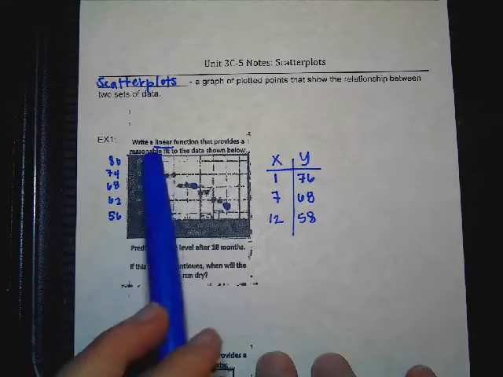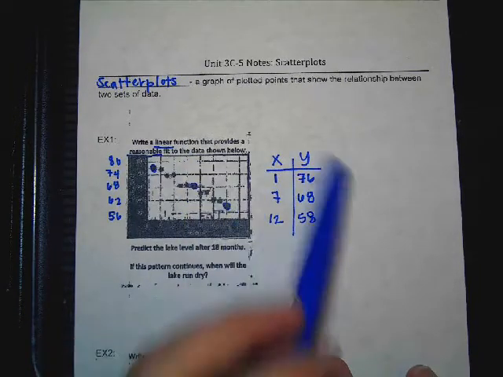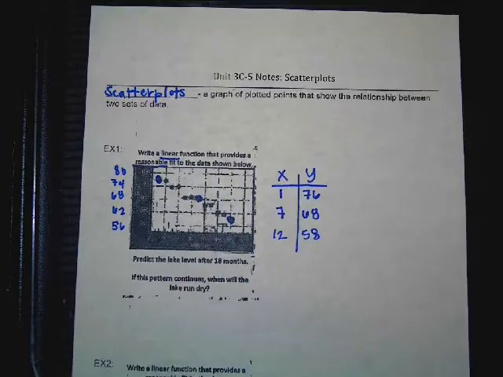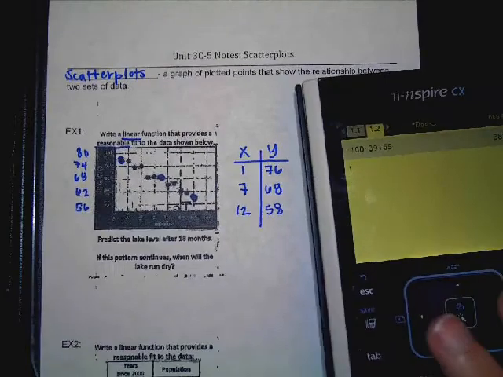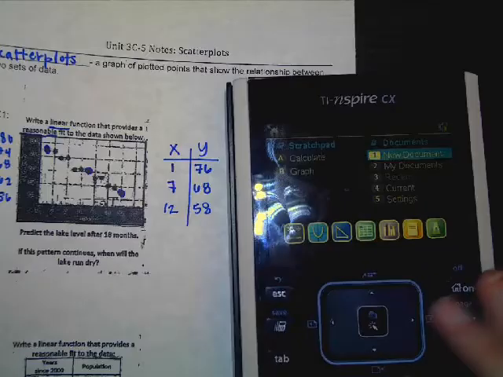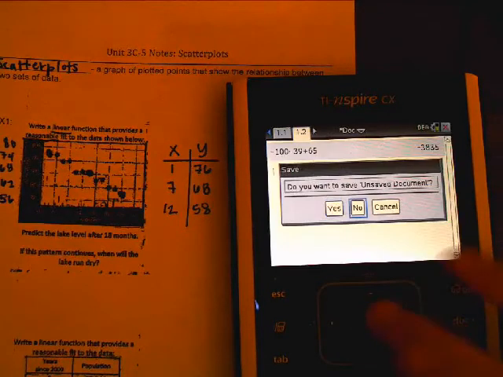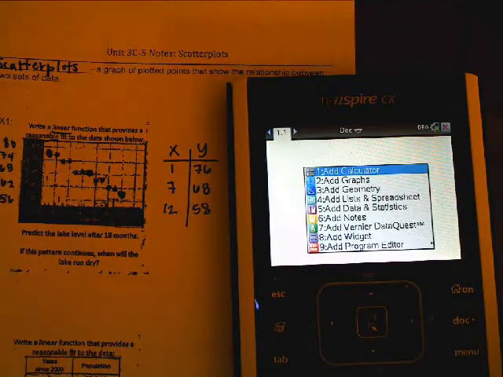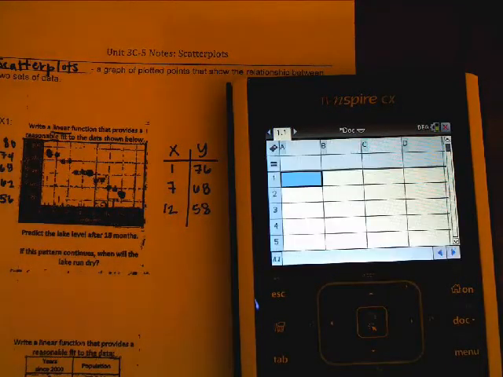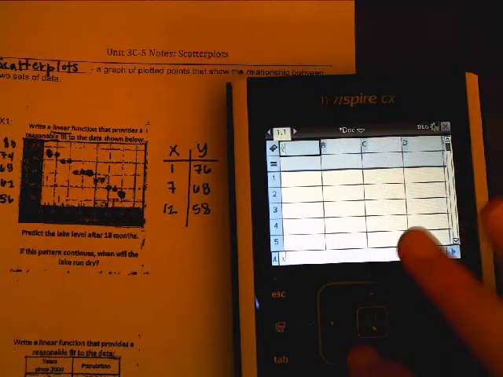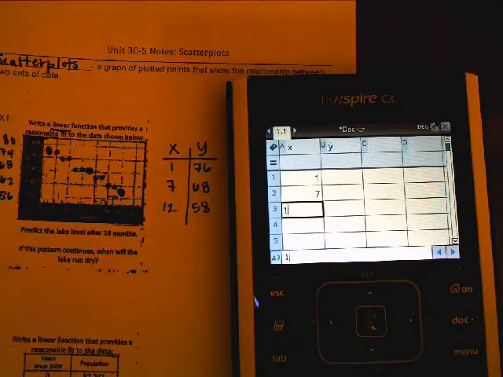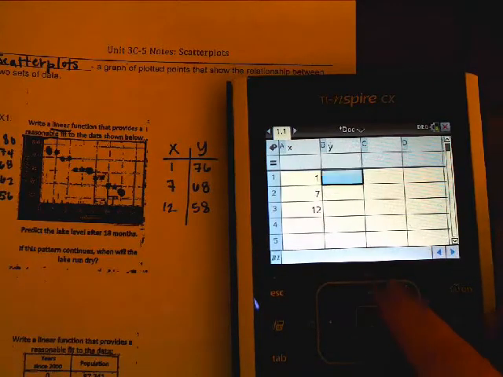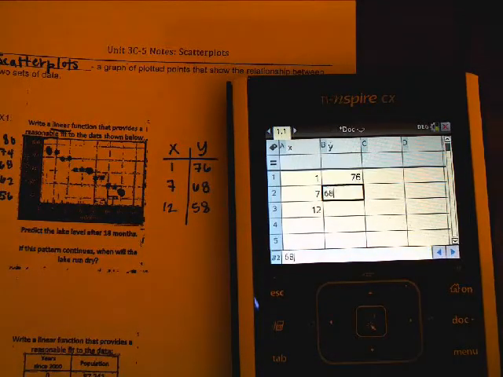It wants a linear function. So now I'm going to take this table and put it in list and spreadsheet to get that linear function. Turn your calculators on. We're going to go to list and spreadsheets. x list x, y list y: 1, 7, 12, and 76, 68, 58.